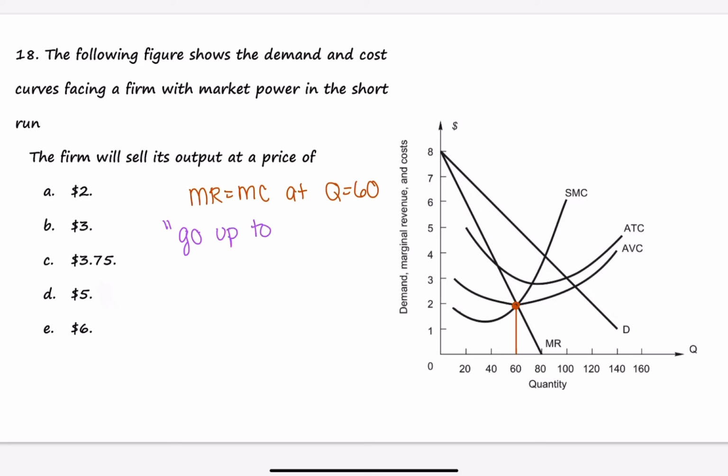We're using the graphs. So when we take that all the way up to our demand curve and look at the price that it's associated with, we see that our price is $5. So D.